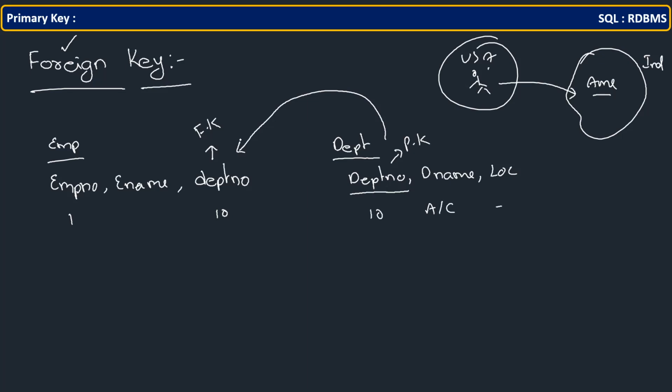Definitely for a foreign key, whatever column you are using here, in the original table it will be either a primary key or a candidate key. That is guaranteed. Got the point or not? Very logical, very important. You have many usages. Okay. So that is what a foreign key is actually. Is it clear?